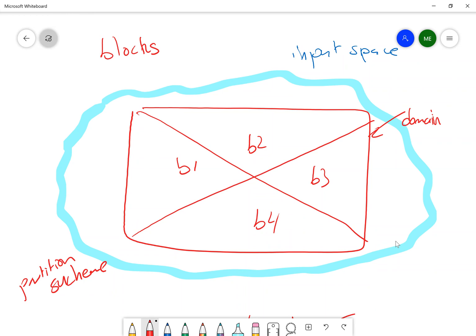Now, focusing on the concept of a block. The concept of a block here is that instead of considering every test value individually, we might realize that a range of values represents a certain block in my input domain.